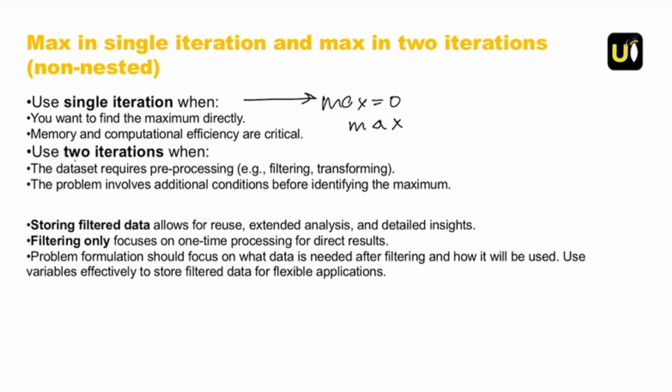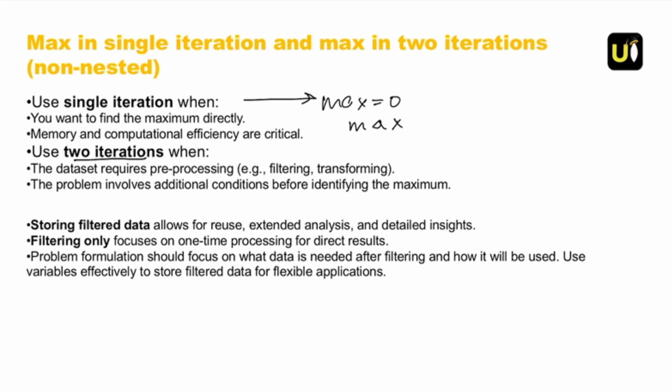Now for two iterations, suppose we need to filter out the data before finding the maximum or minimum or whatever. Suppose in the scores dataset, we only need to find the maximum total marks among the females, among the girls of the class.